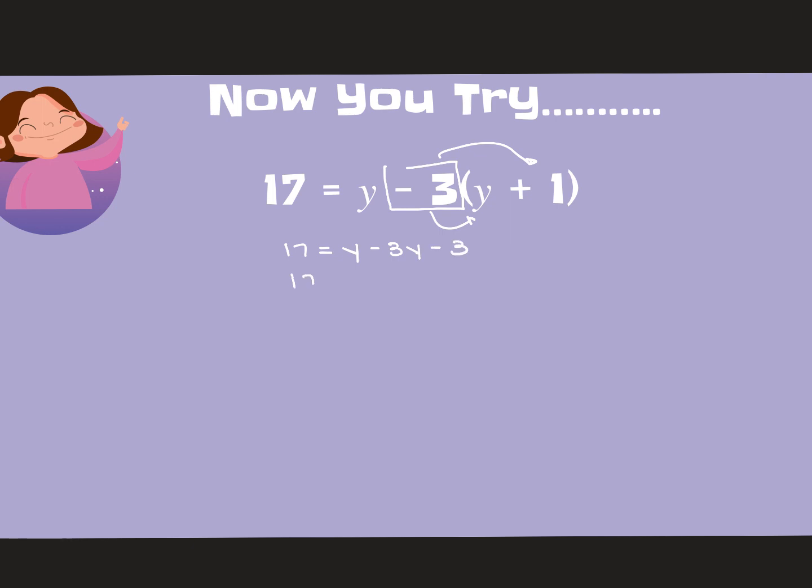Y minus 3y gives me 17 is equal to negative 2y minus 3. We're going to add 3 to both sides, and I get that 20 is equal to negative 2y. Divide both sides by negative 2, and we get that negative 10 is equal to y.